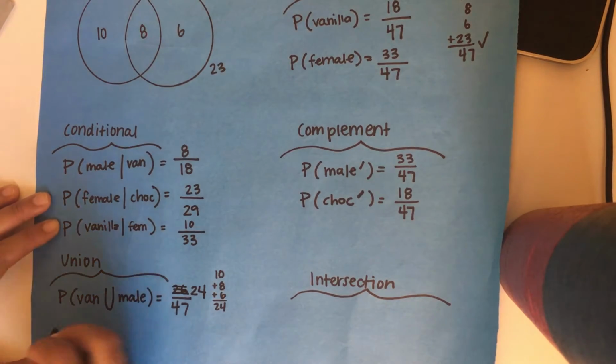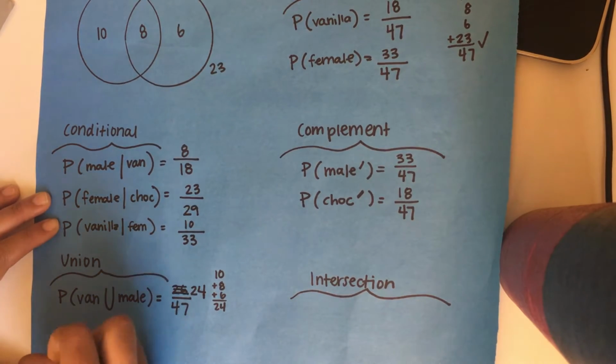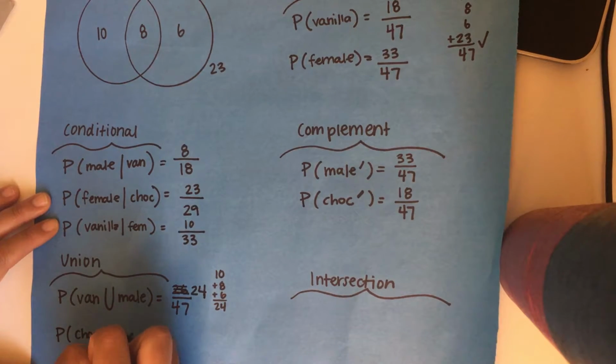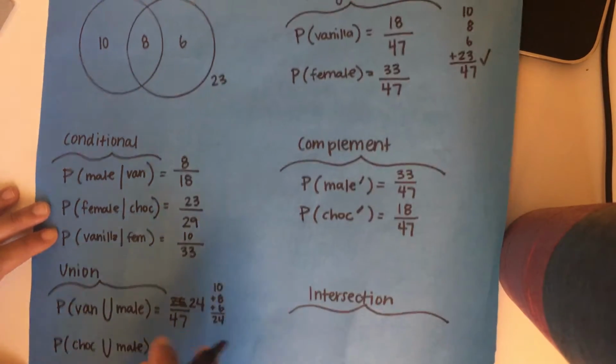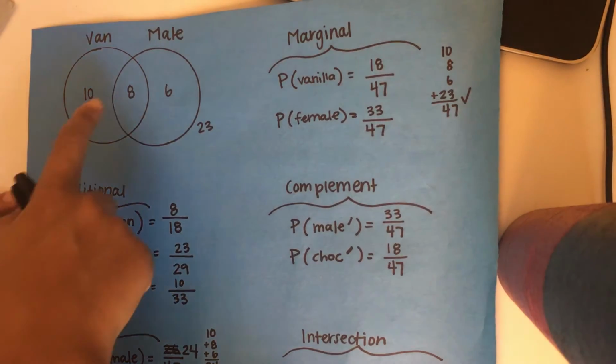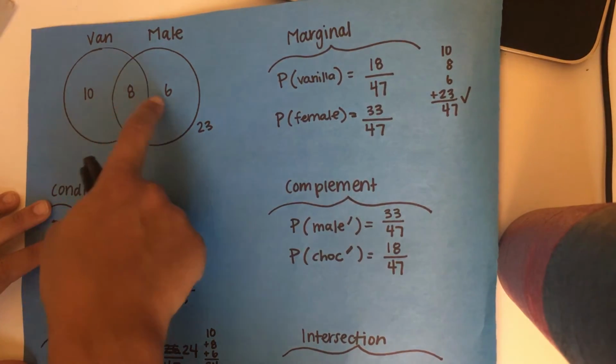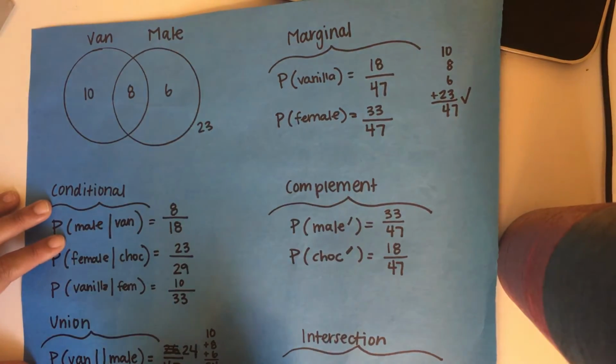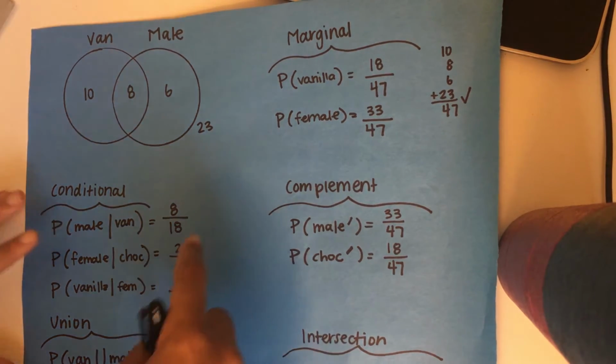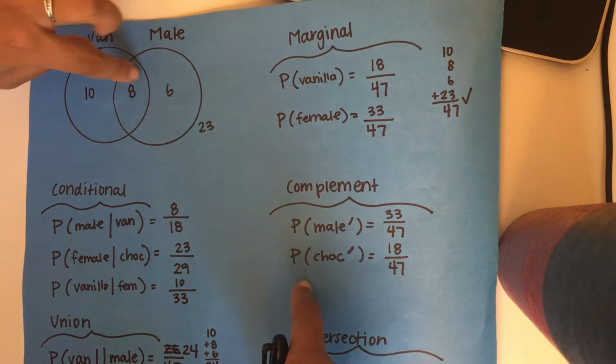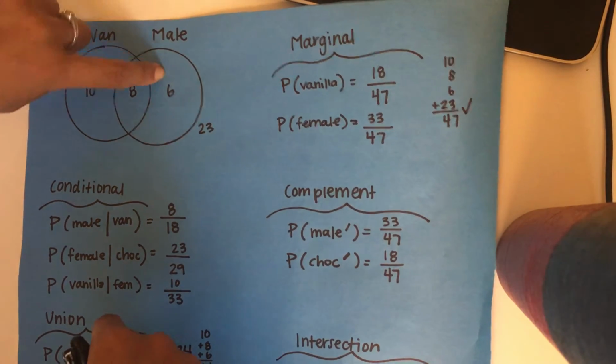We could also do the union of people who like chocolate or are male. Well, we know that there are 8 males right here and 6 males right here, so we've got our males. So that's 14 males, and we're also looking for people who like chocolate.